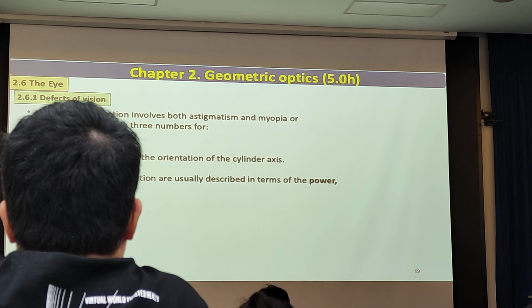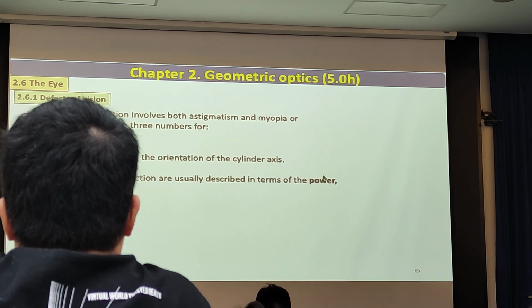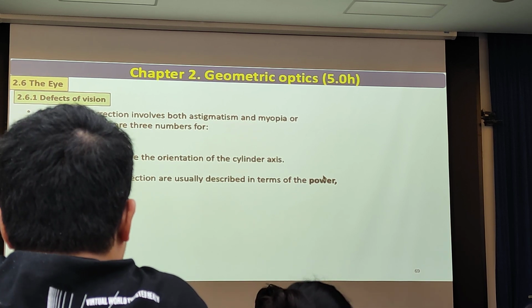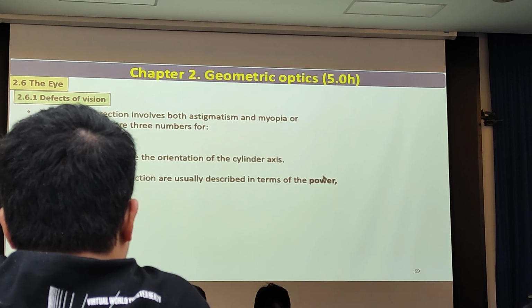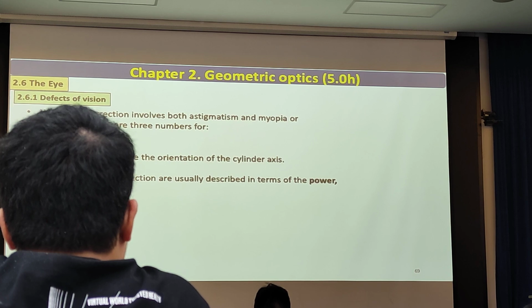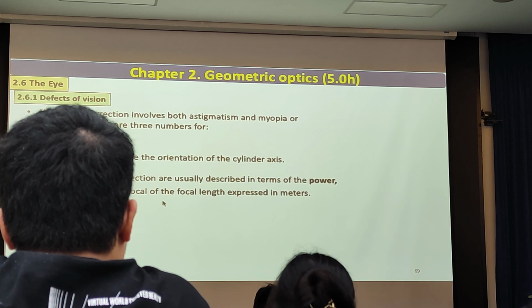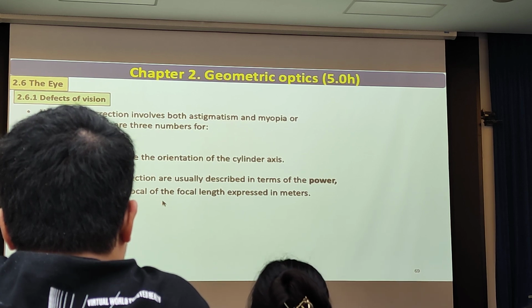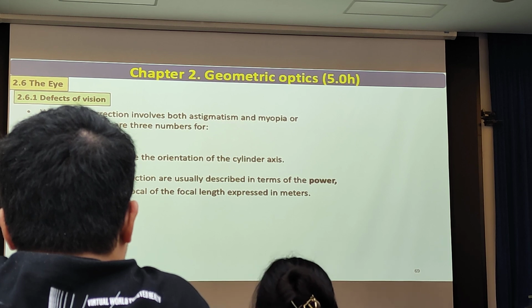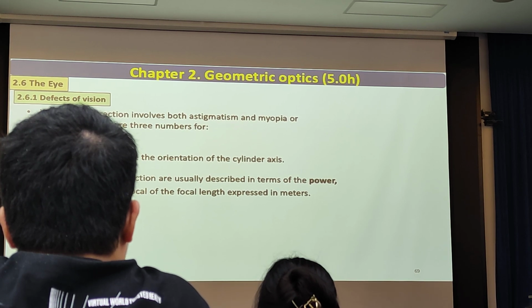And we always define the power, how you say the diopter, how many diopters, positive or negative, depending on diverging or converging lenses, right? Yes, and pay attention for the power. It is the reciprocal of the focal length, but you must use the focal length in terms of meter instead of centimeter.